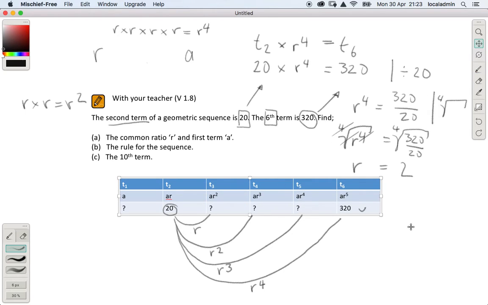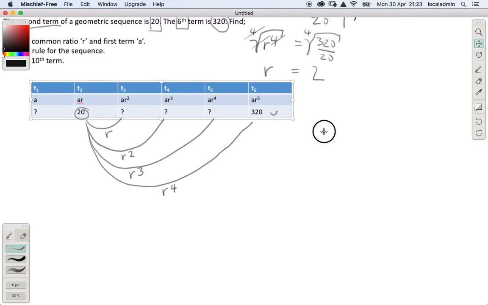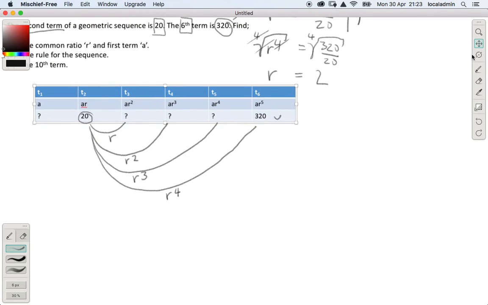Let's move that up here, and again we use the same approach. Nothing has changed. So we go back to our generic equation, which is Tn equals a times r to the n minus 1.